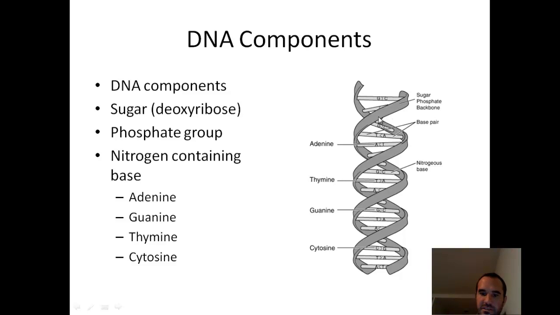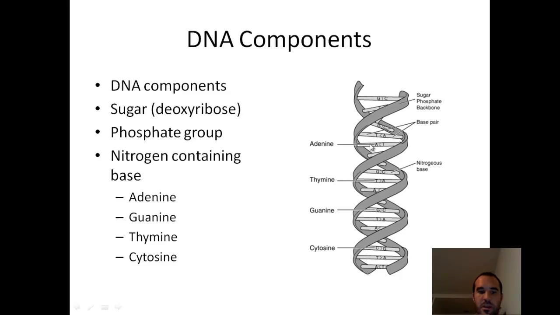In the sugar, this picture doesn't show it, but connecting each one of the sugars to each other in the backbone is a phosphate group. And so that's why over here it's a sugar phosphate backbone. They alternate between sugar, phosphate, wrapping around here. And then on the other side here is the sugar phosphate.